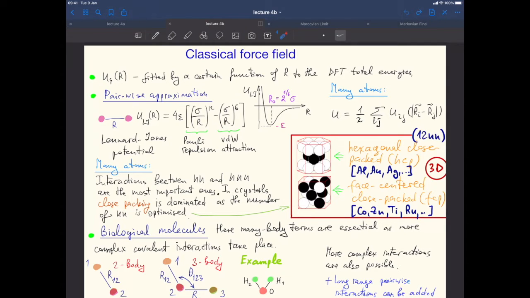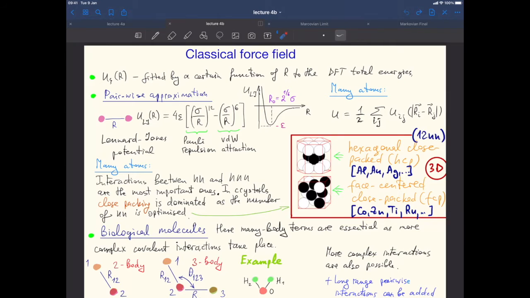Classical force fields is basically a simple idea where this potential energy surface is represented approximately by a set of analytical functions, which are easy to calculate, do not require any self-consistent solution of, say, DFT or Hartree-Fock equations, and therefore, if chosen appropriately, may serve as a very good tool in studying condensed matter systems. So, classical force fields.